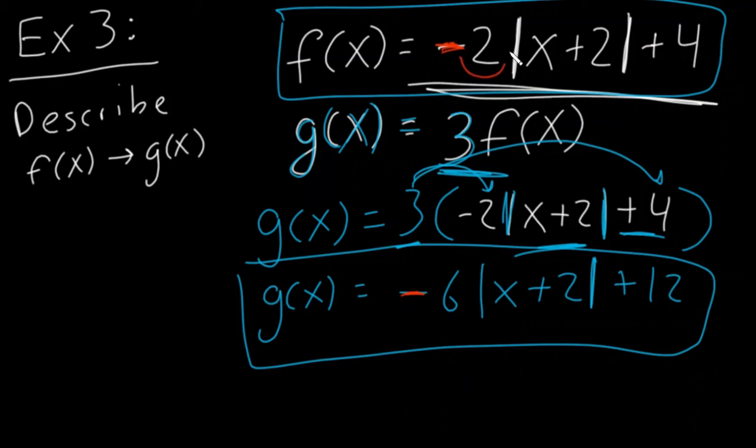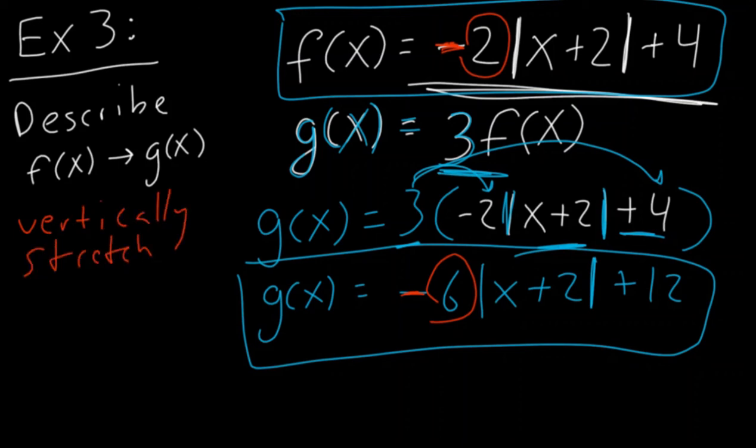Now from here, we went from a 2 to a 6, and ask yourself, did that increase or decrease? Well, since it increased, we know that it was vertically stretched by a factor of, and once again ask yourself, what is 6 divided by 2?